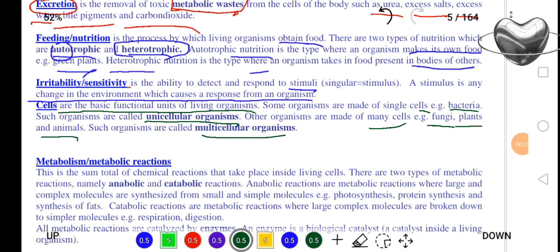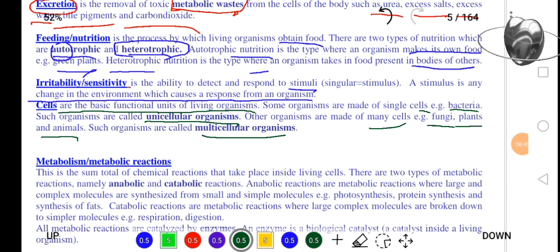Now, in my conclusion, I am going to talk about the chemical reactions because we talked about biochemistry, and we said since we have discussed cells, it is in the cells where chemical reactions take place.